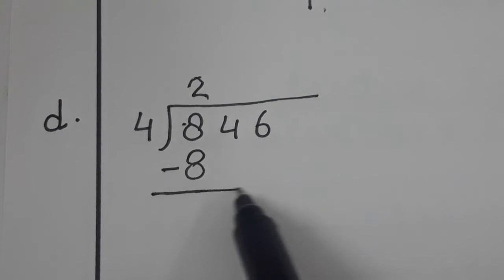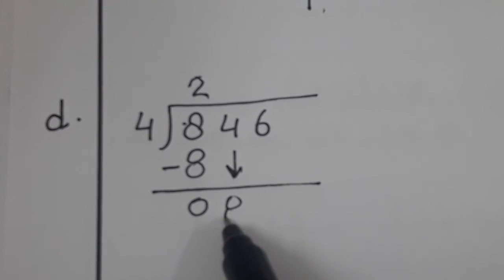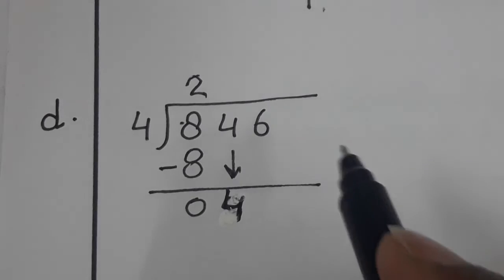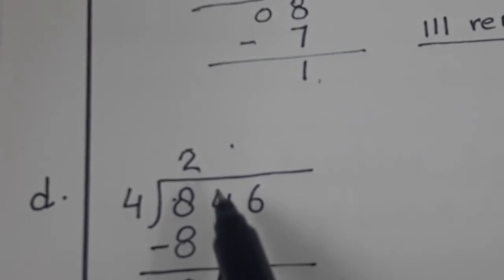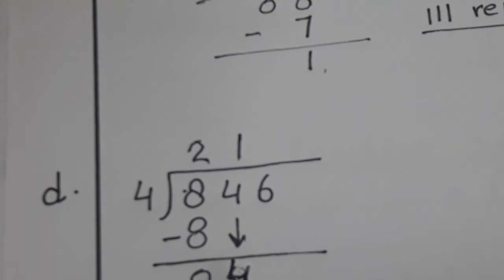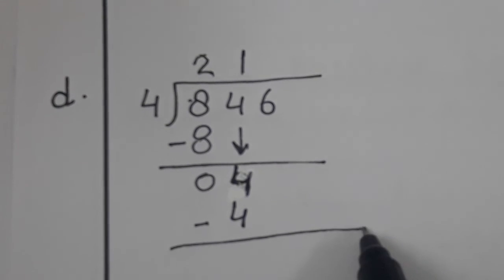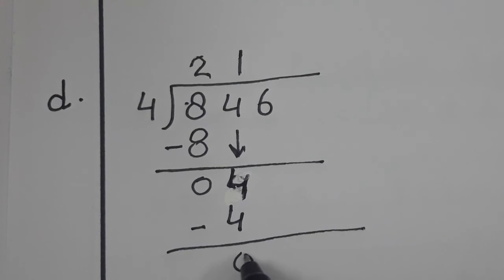So now we will subtract it. 8 minus 8, 0. 4 will come here. Now 4 ones are 4. Again we will subtract it. 4 minus 4, again 0.